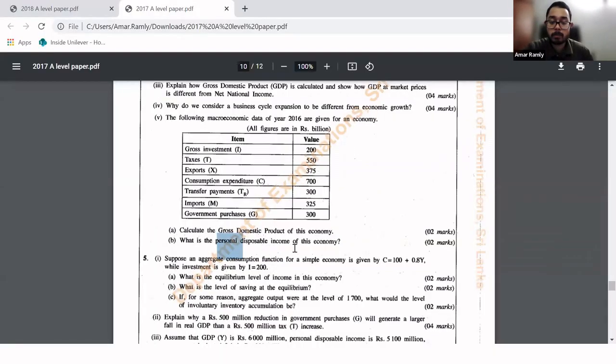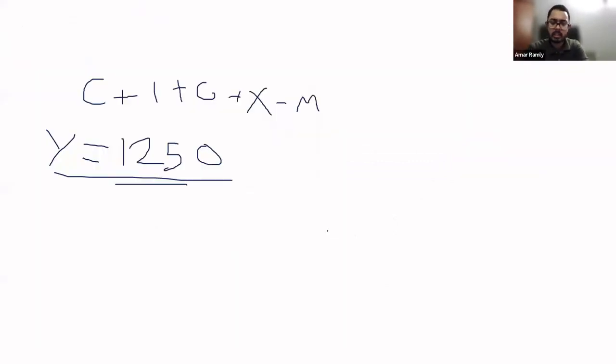Part B, what is the personal disposable income, right? Well, what is this disposable income talk now? Didn't we just get income here? Yeah, but guys, this is the income you get from your job. Now, to this, you need to make a few changes. What do you need to do to get disposable income?